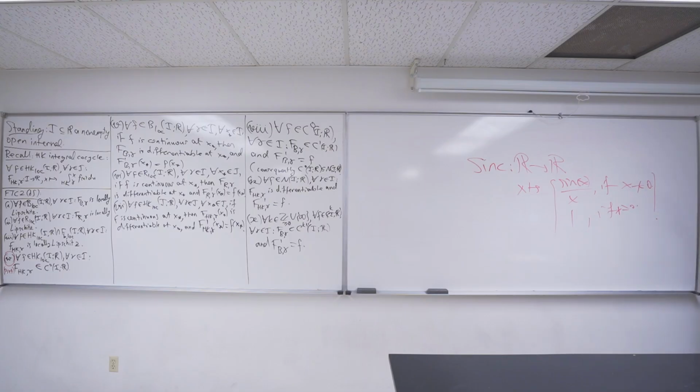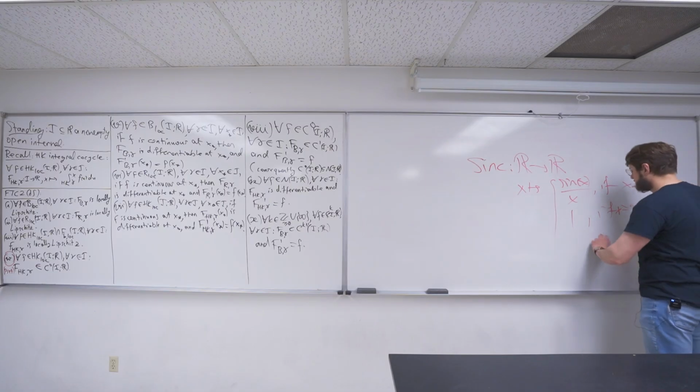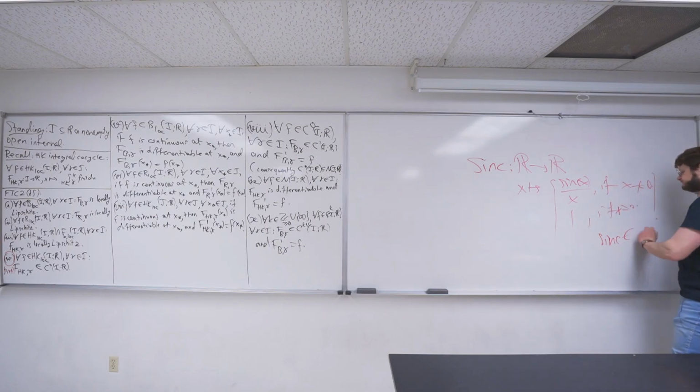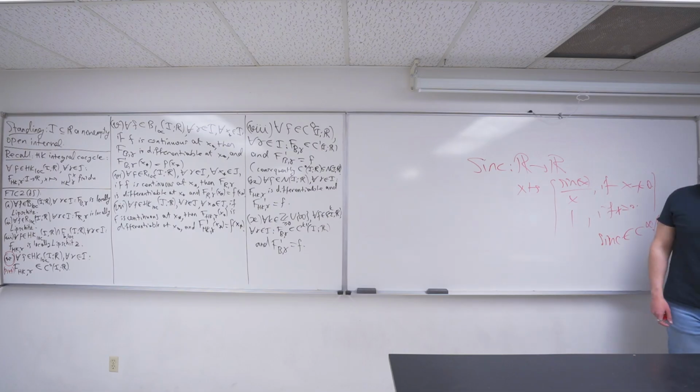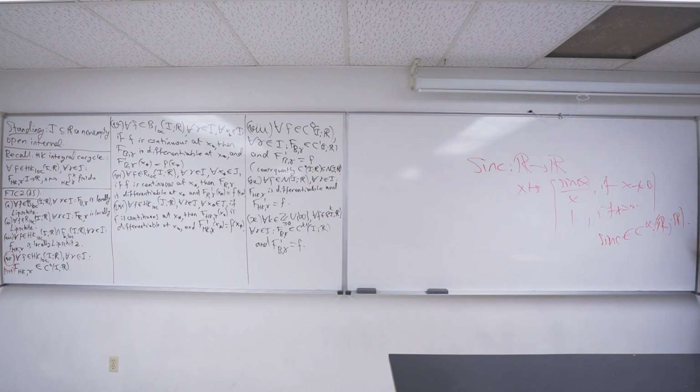In fact, it is analytic. It is C infinity at the very least. This is infinitely differentiable everywhere. But by the end of FTC1, we didn't say anything about an antiderivative of this. What is a function whose derivative is this function?